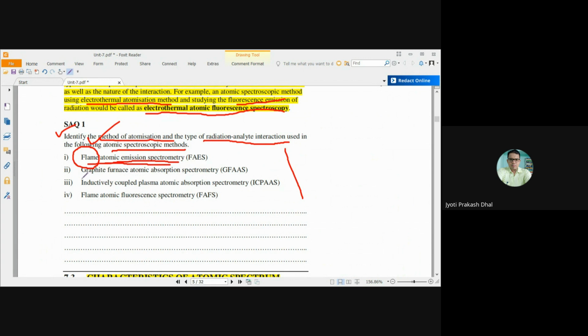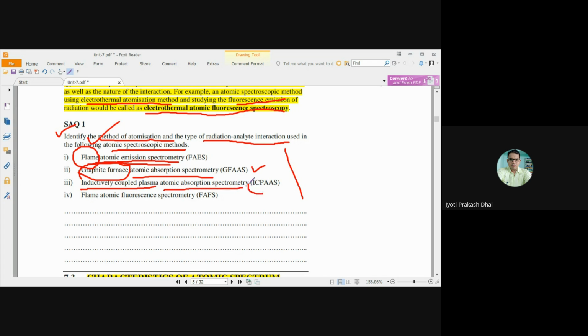Similarly, here the atomization technique is graphite furnace and the spectroscopic method is atomic absorption spectroscopy. So overall that is called GFAAS. And similarly in the third one, the atomization technique is inductively coupled plasma and the spectroscopic method is atomic absorption spectroscopy, AAS.